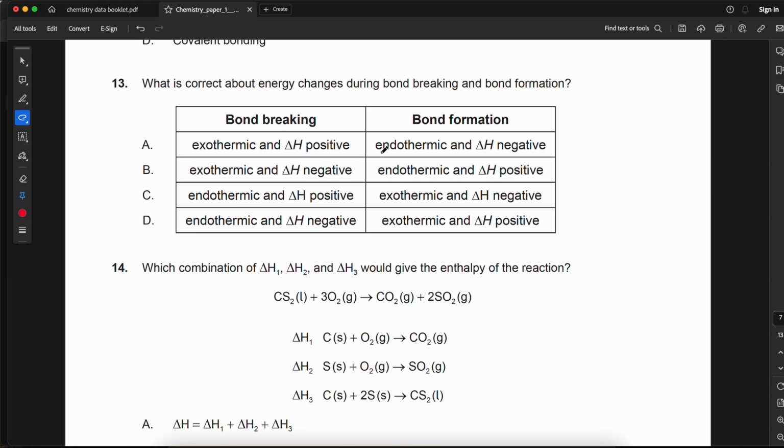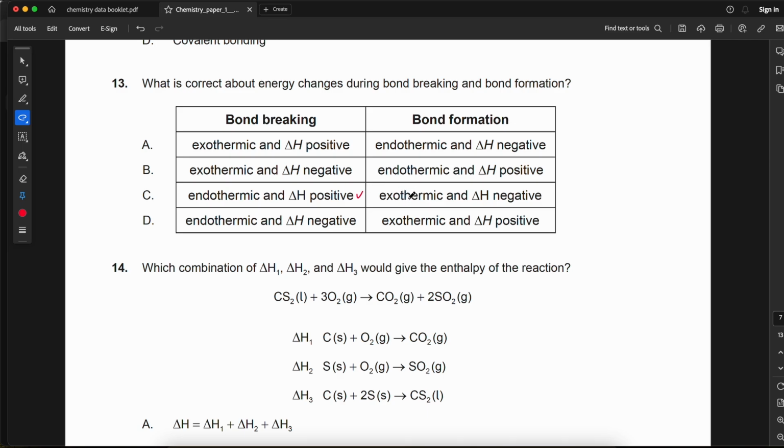What is correct about energy changes during bond breaking and bond formation? Bond breaking, energy is absorbed. When energy is absorbed it is endothermic, so between C and D. And delta H will be positive because it is an increase in enthalpy. Okay?